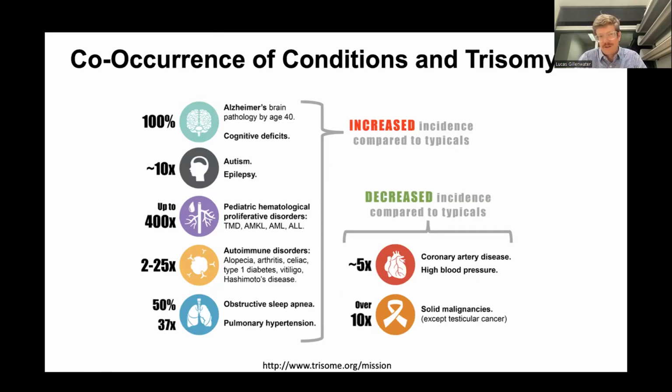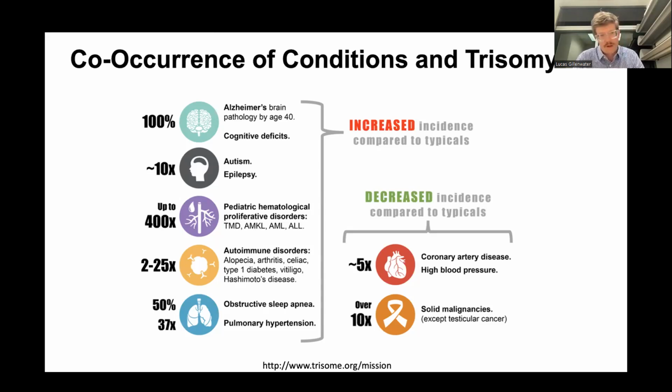Furthermore, people with Down syndrome are much more likely to have autism or be epileptic. They're much, much more likely, up to 400 times more likely than people with a typical chromosome set, to have pediatric hematological disorders. These include various types of leukemias, and so we see a lot more development of leukemias in children with Down syndrome.